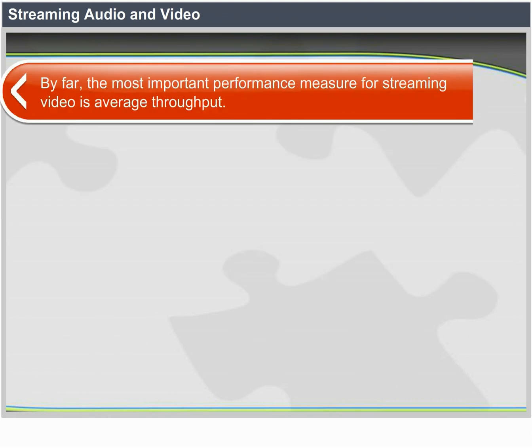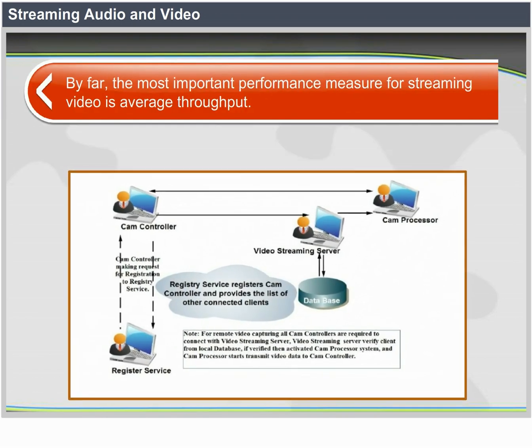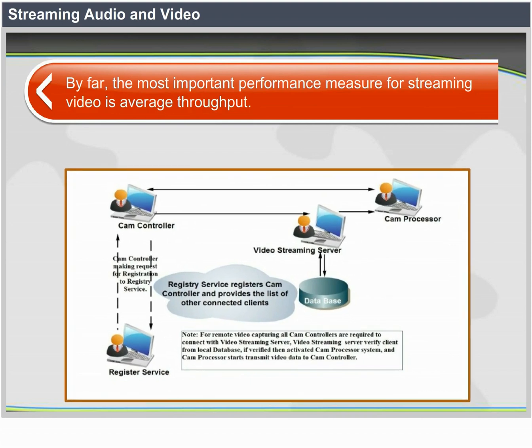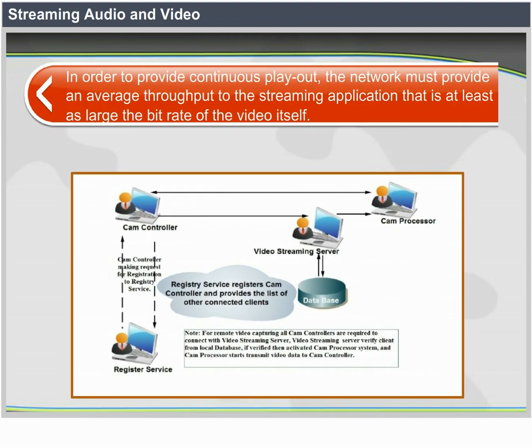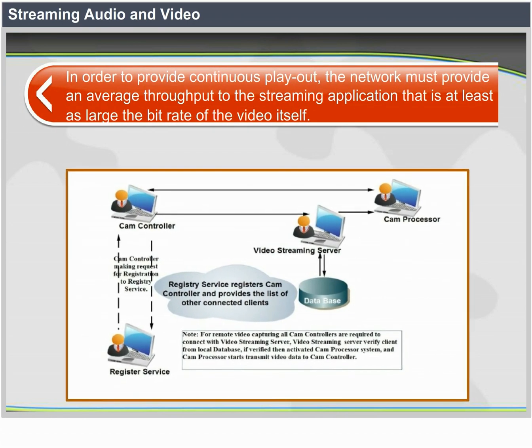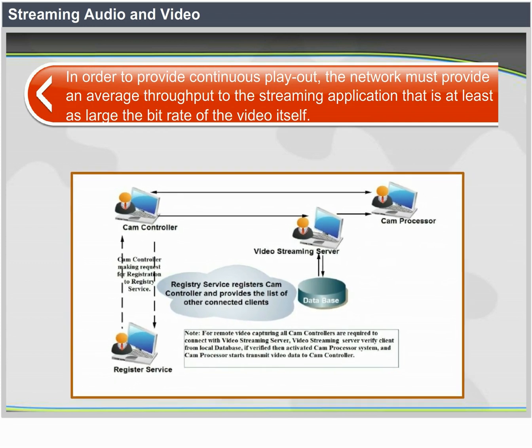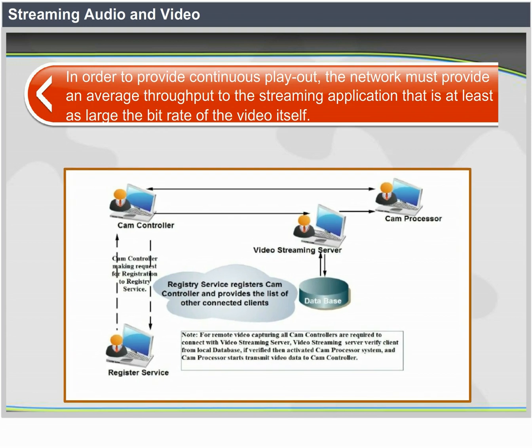By far, the most important performance measure for streaming video is average throughput. In order to provide continuous playout, the network must provide an average throughput to the streaming application that is at least as large as the bitrate of the video itself.